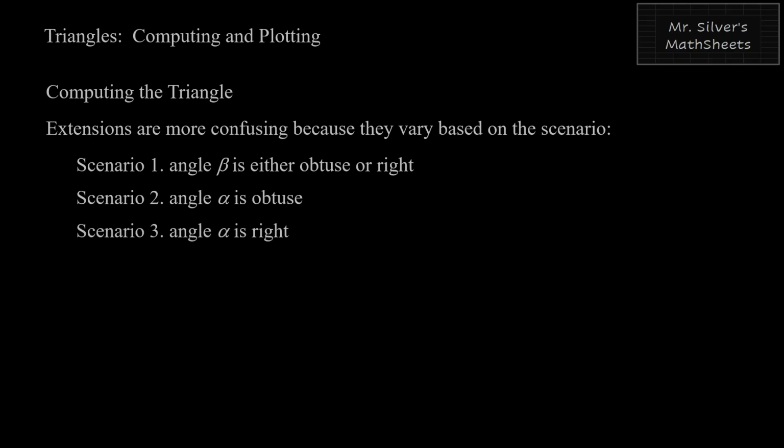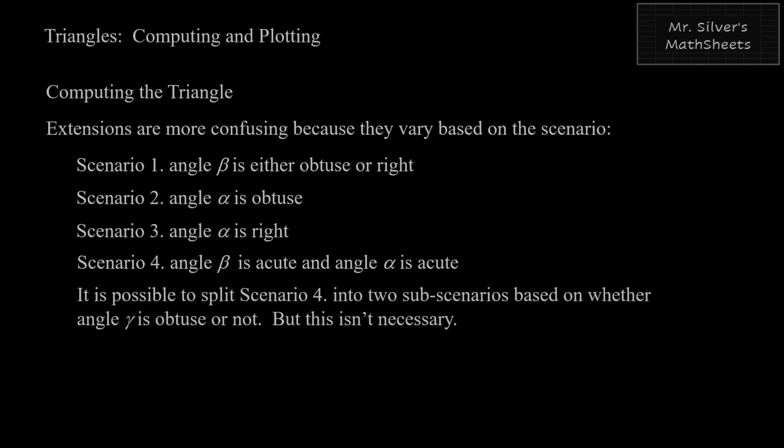Scenario 3, the angle alpha is right. And then scenario 4, angle beta is acute and angle alpha is also acute. It's possible to split scenario 4 into 2 sub-scenarios based on whether the angle gamma is obtuse or not, but in my opinion this isn't necessary, but I'll talk about it a little bit in a moment.